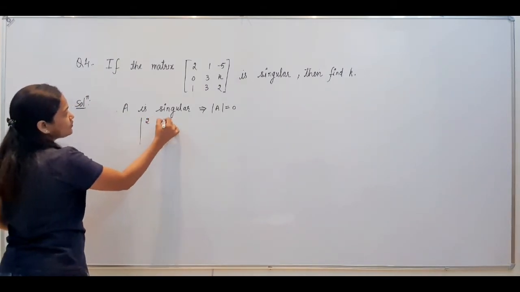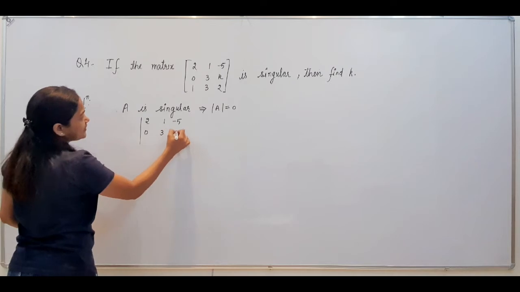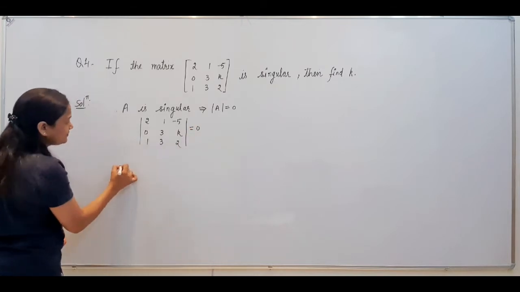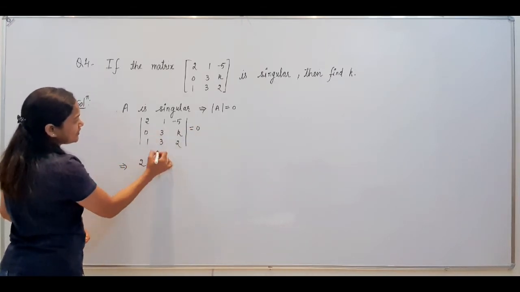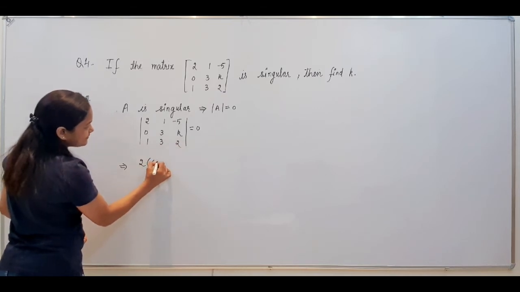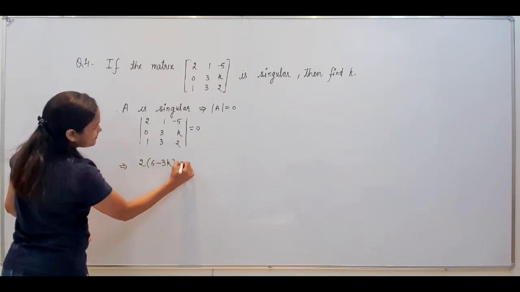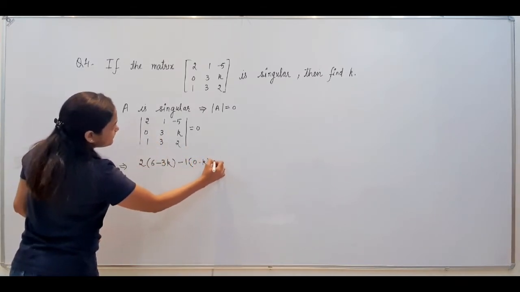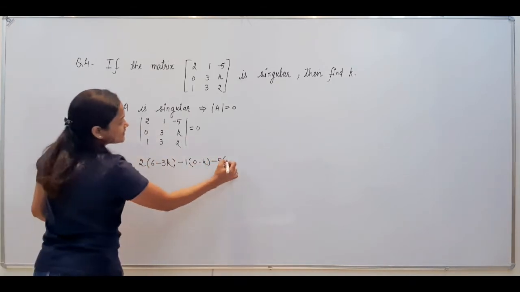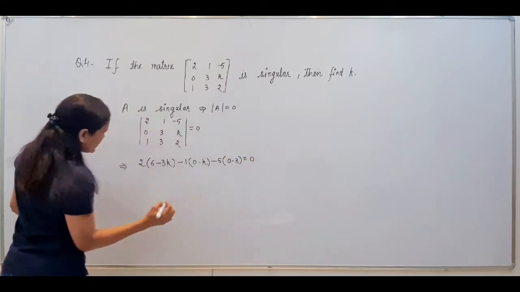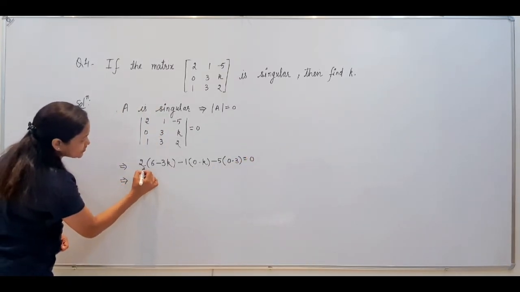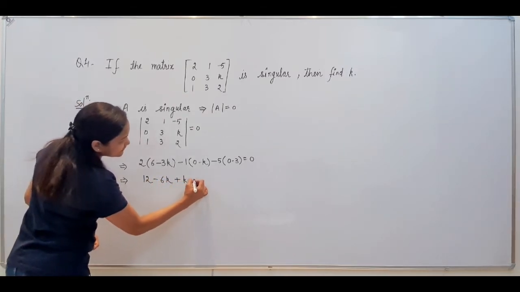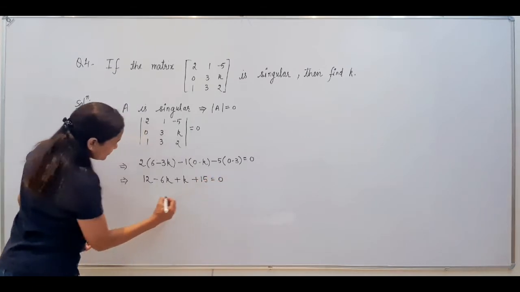So determinant of [2, 1, minus 5; 0, 3, k; 1, 3, 2] is equals to 0, and this will imply 2 into (6 minus 3k) minus 1 into (0 minus k) minus 5 into (0 minus 3) will be equals to 0, and this is equals to 12 minus 6k plus k plus 15 is equals to 0.